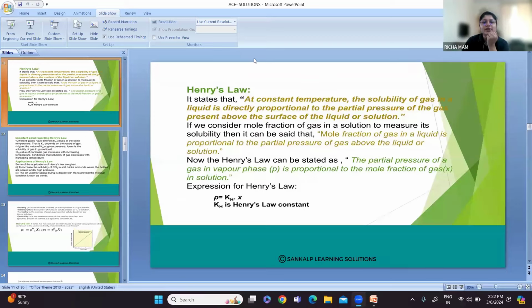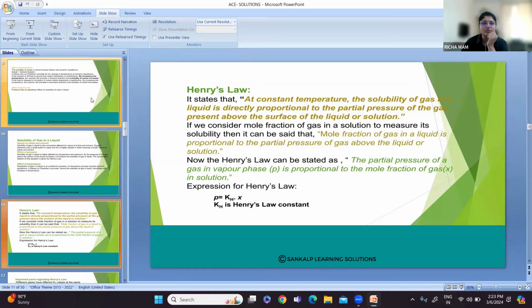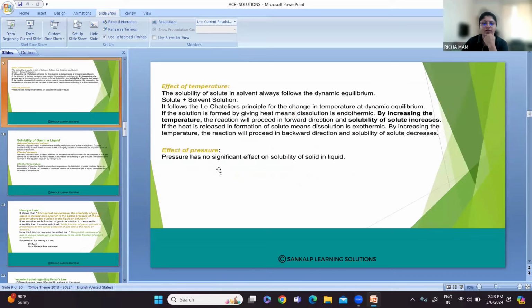Why does the pressure not have any significant effect on the solubility of a solid in a liquid?